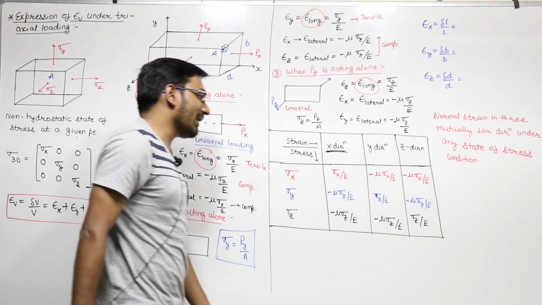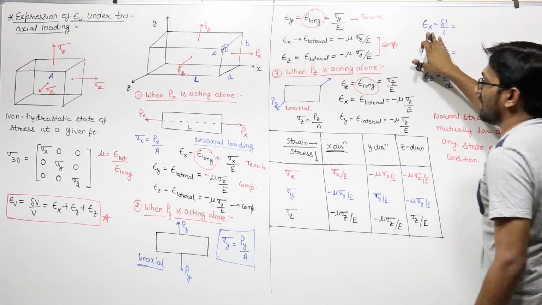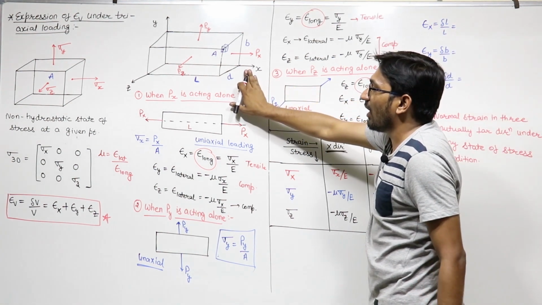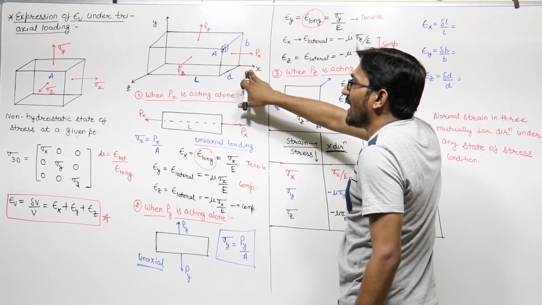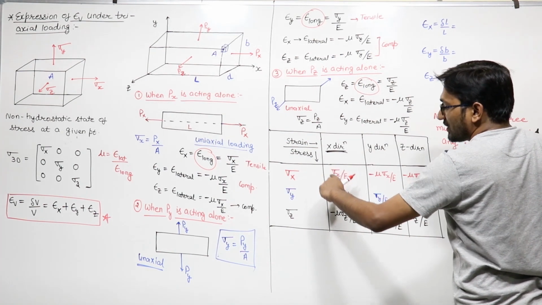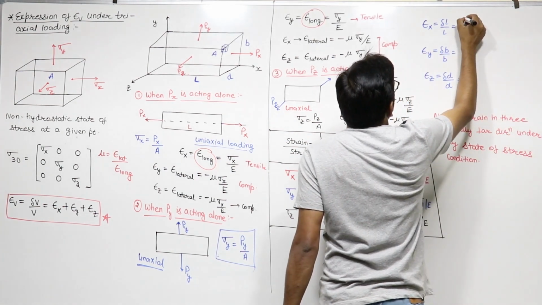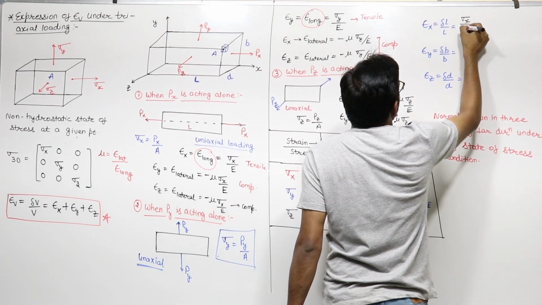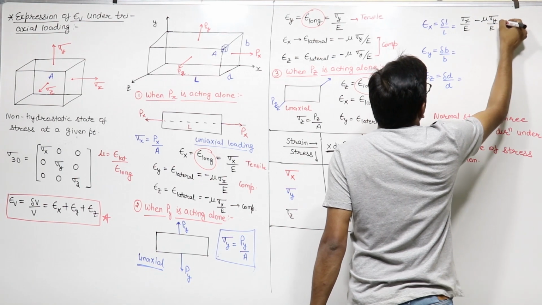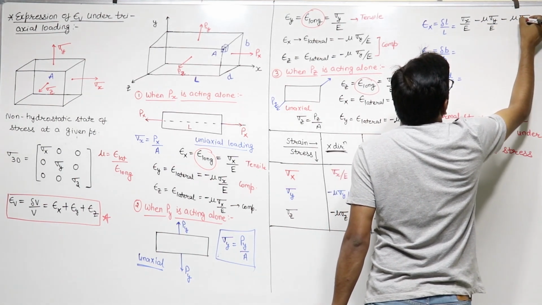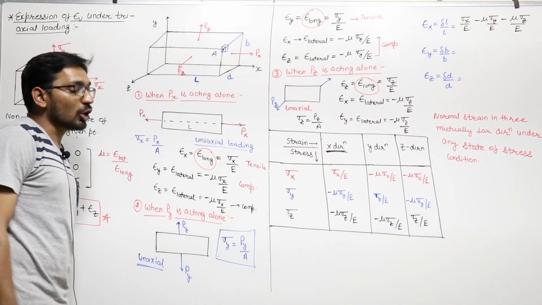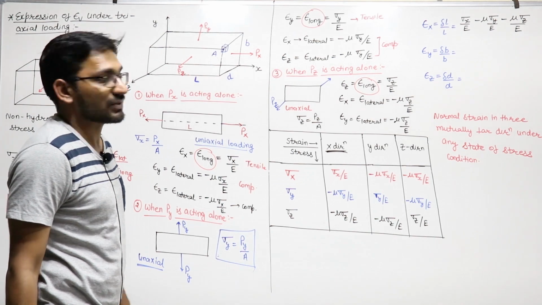So epsilon x, the normal strain in x direction, is equal to change of length upon original length, and this is equal to the summation of this, that is sigma x upon E minus mu times sigma y upon E minus mu times sigma z upon E.